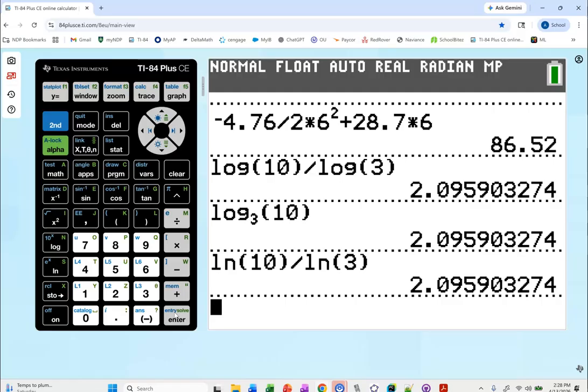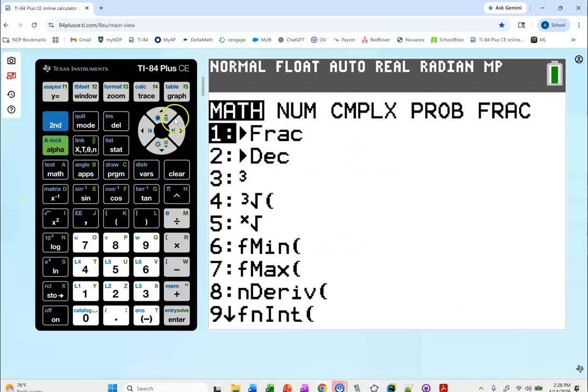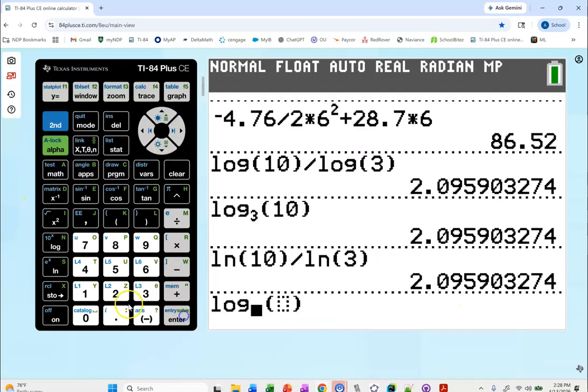So for the homework, when it asks you to use the change of base formula, it's literally just log 10 divided by log 3 or natural log 10 divided by natural log 3. It doesn't matter. Could you do something real silly and do log base 2 of 10 divided by log base 2 of 3?